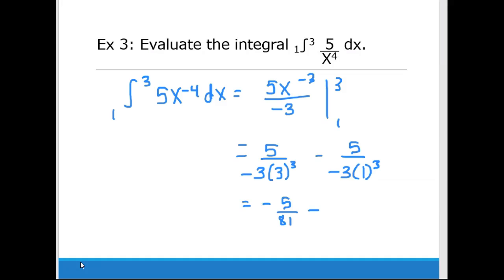A negative times a negative is a positive 5 over 3. So we could technically multiply that by 27 over 27 to get a common denominator. And we get 130 over 27.